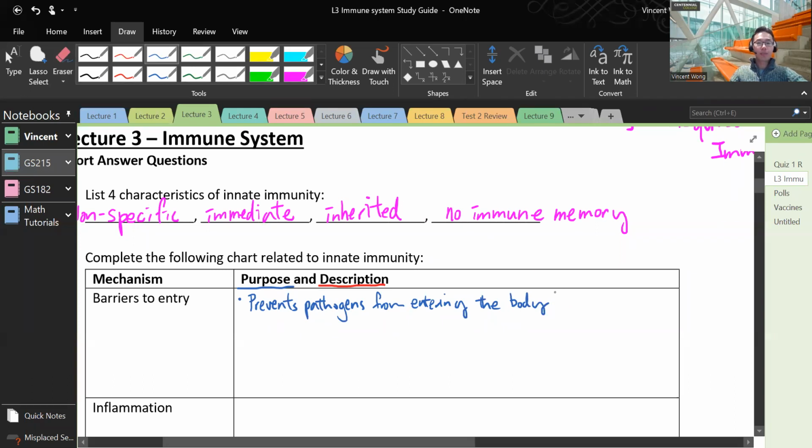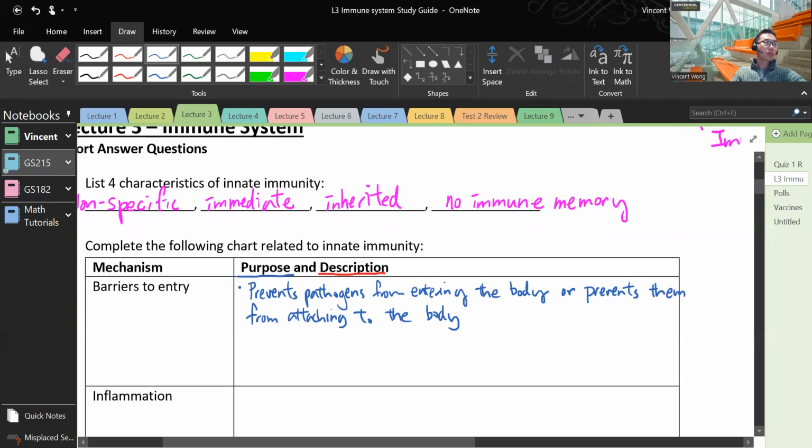Okay, but in addition, we can also prevent them from attaching to the body. Okay, so don't let them in. Okay, and if they do come in, don't let them attach. Don't let them gain a foothold, so to speak.